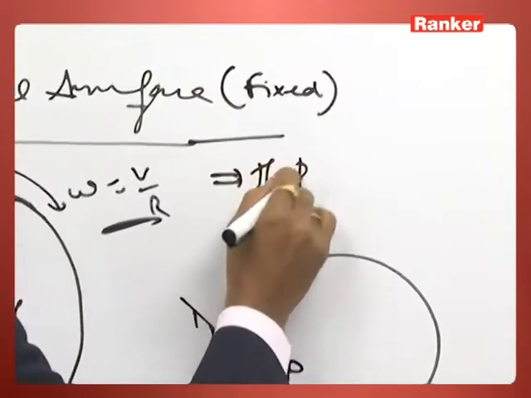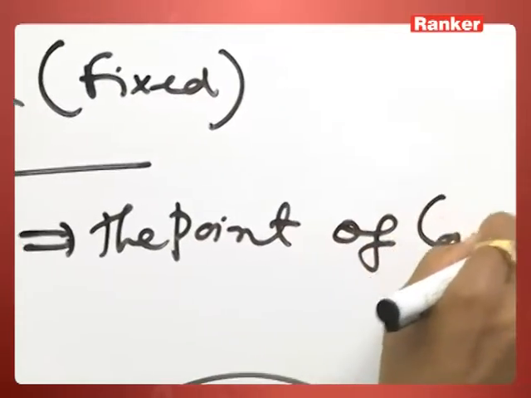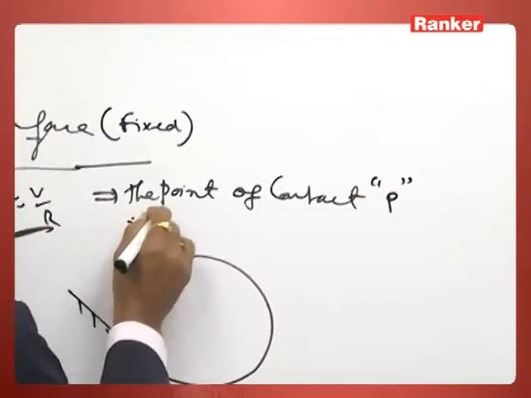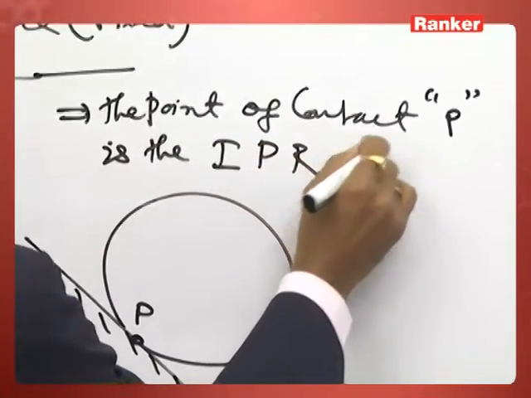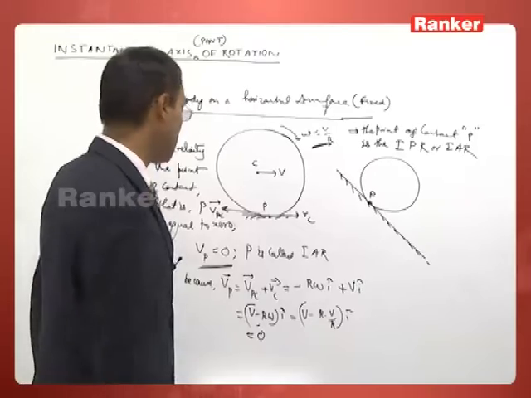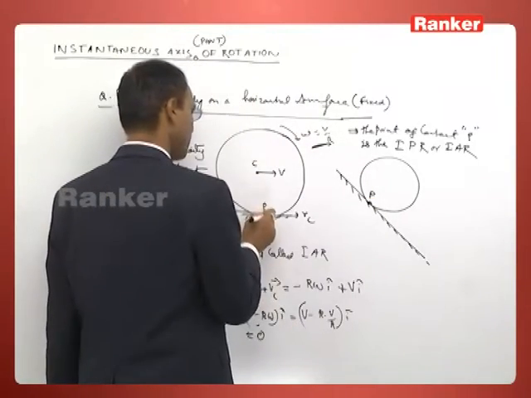The point of contact, that is P, is the instant point of rotation or instant axis of rotation. At this instant, this point does not move.